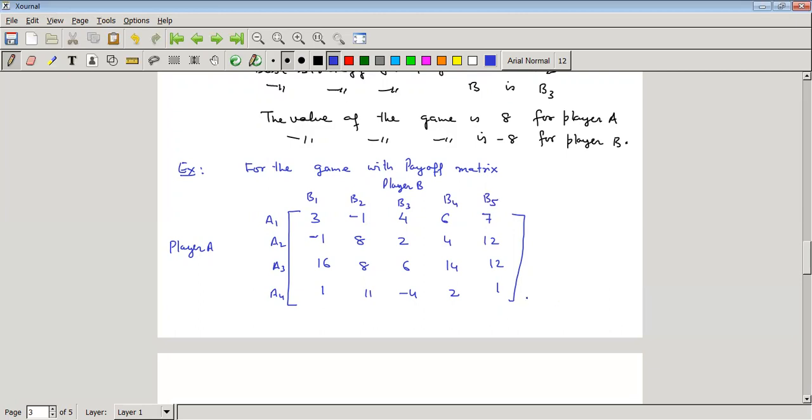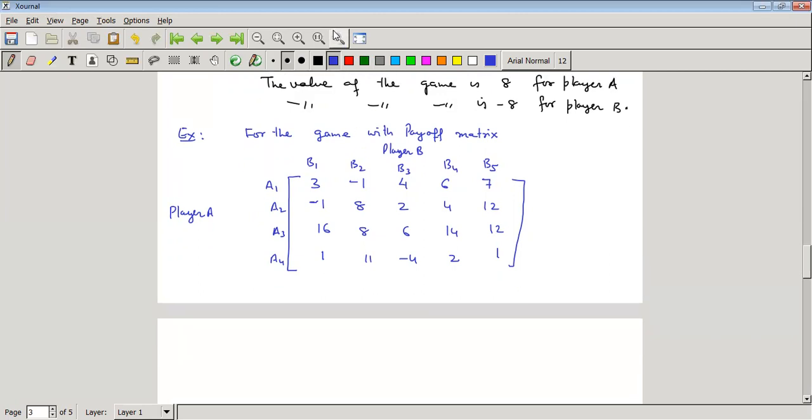So we have to determine the optimal strategy for both player A and B, and also find the value of the game. So what we do, we find the minimum of rows, the rows minimum.